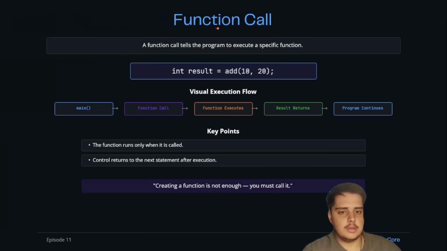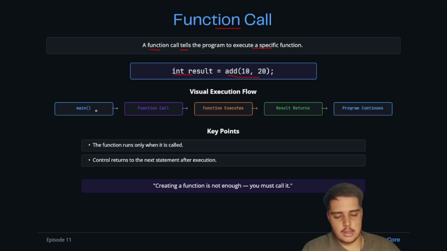Coming next, function call. A function call tells the program to execute a specific function. So if int result is equal to add 10, 20 is given, then control goes to the function.